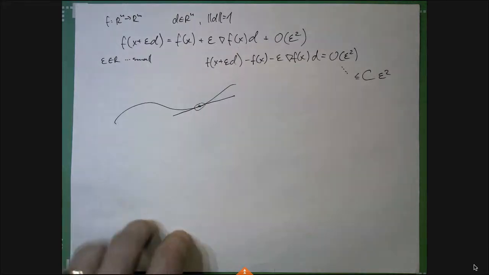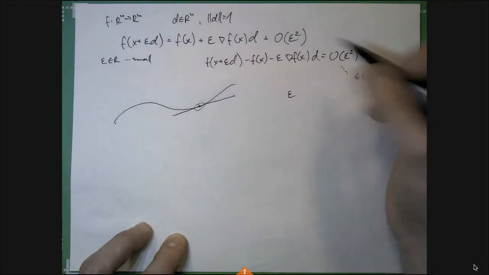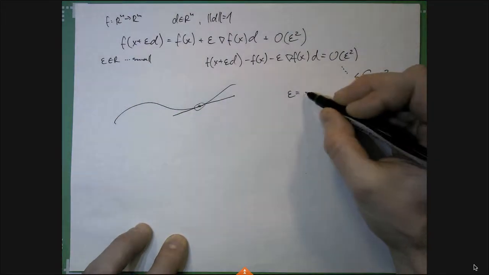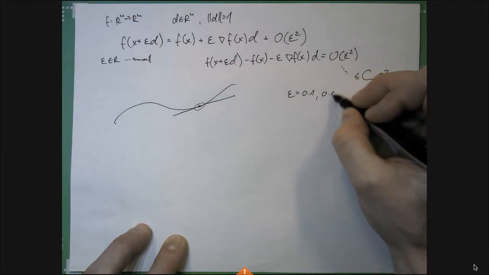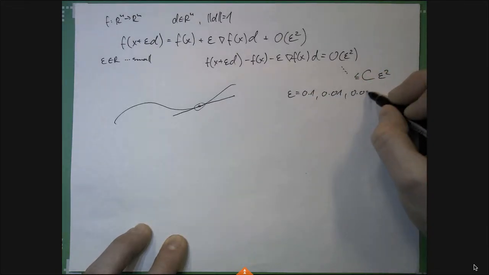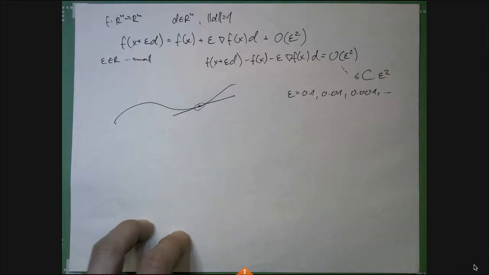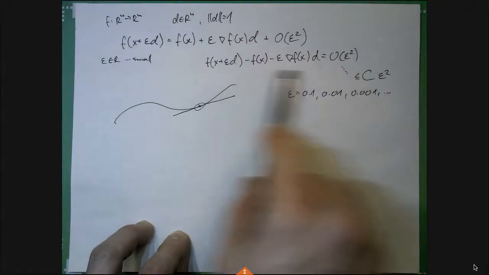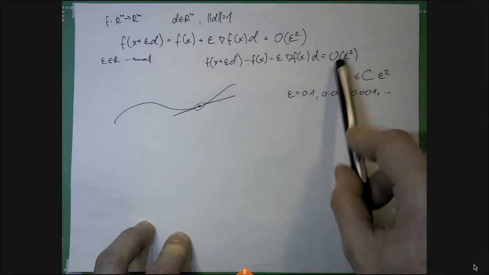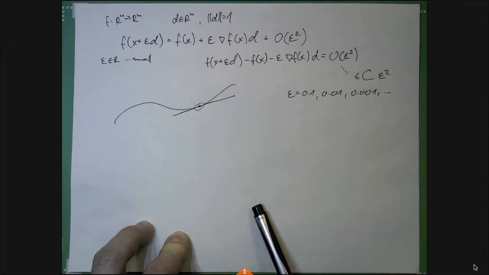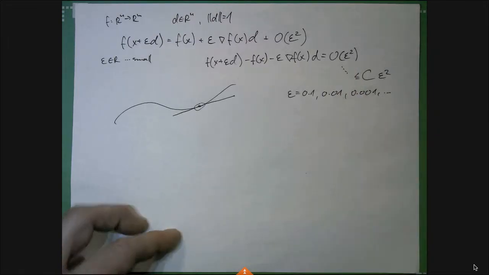So what you're going to do is pick a random d and try some epsilons like 0.1, 0.01, 0.001, and so on. And what you should see after you evaluate this expression is that it goes down quadratically, with some constant which you don't know.